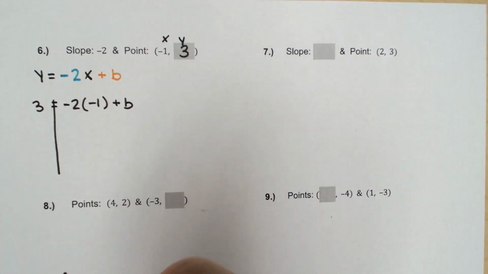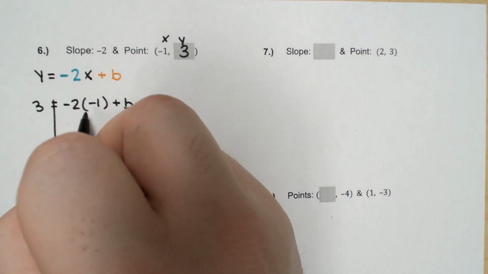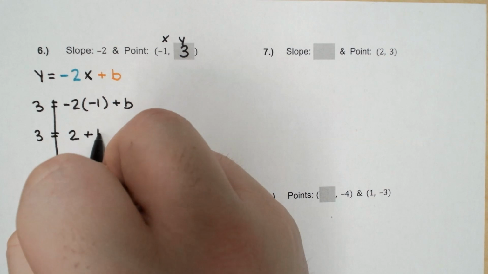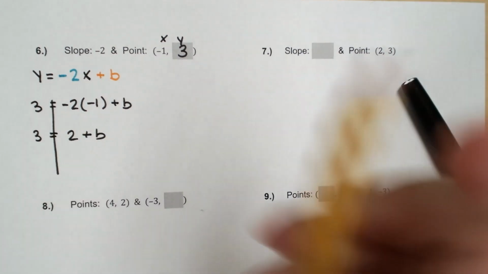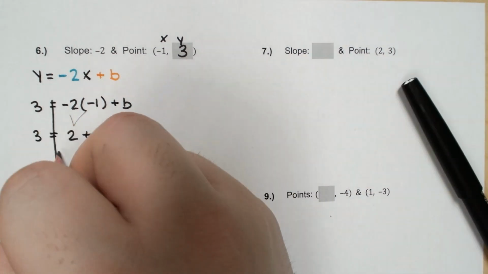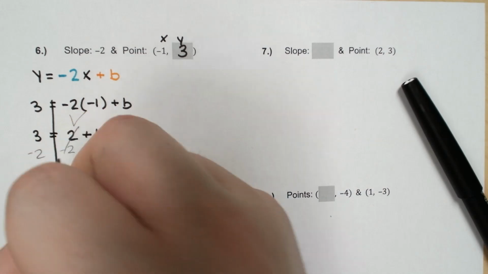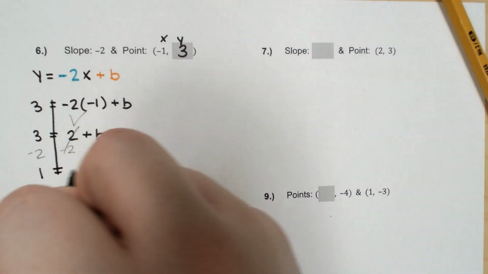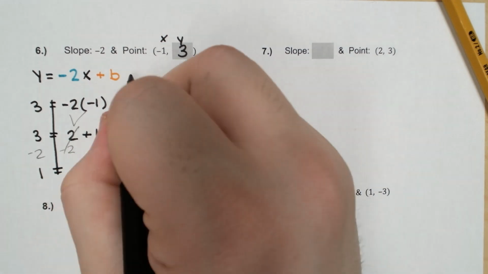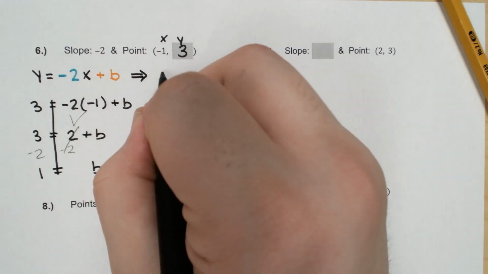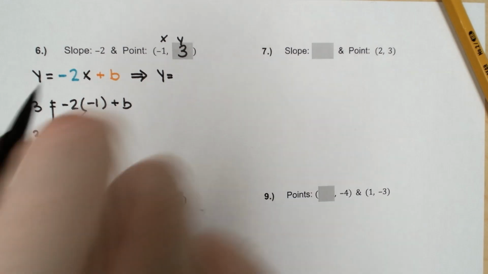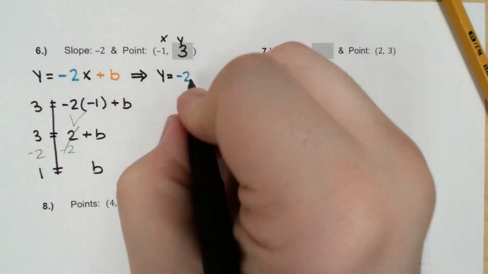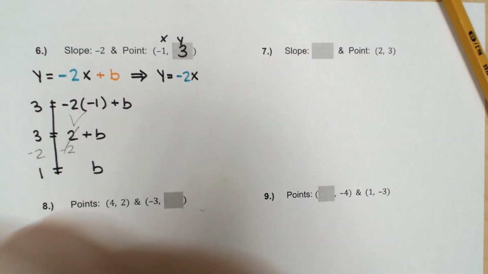And then solve for b. -2 times -1 is just 2. And then subtract 2 from both sides. That's going to give me 1 equals b. So now I know that my equation should have been y equals -2x plus 1.